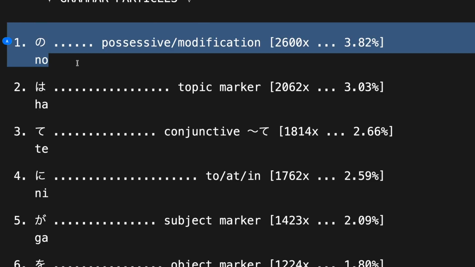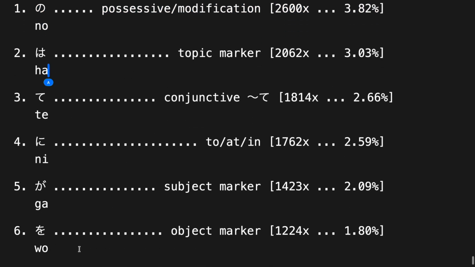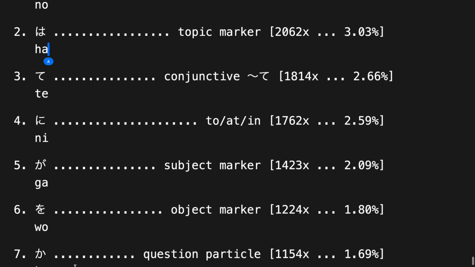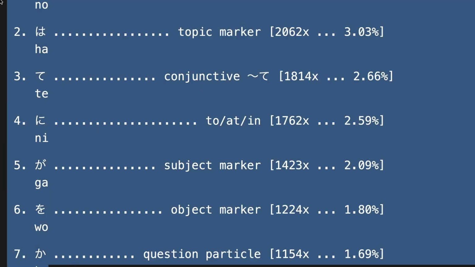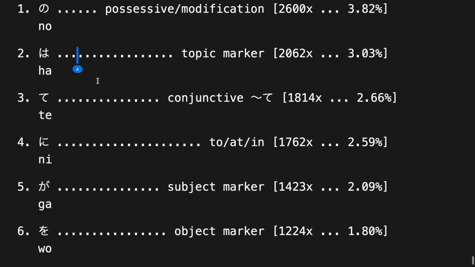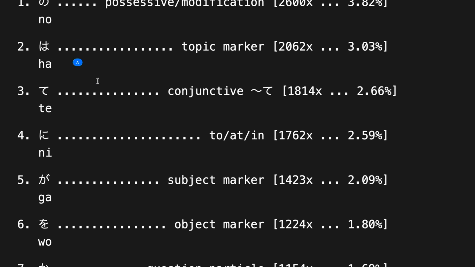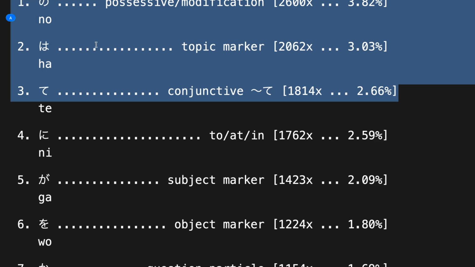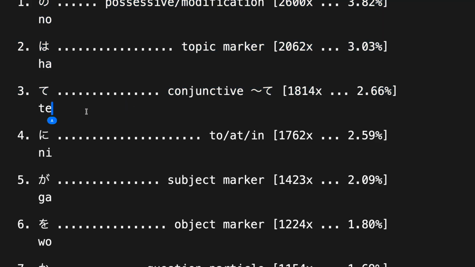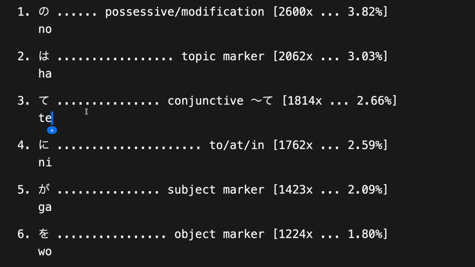Every sentence is going to have 1 or 2 of these, or even 3, several of these. So if you learn just 3 grammar particles, you almost have about 10% understanding.